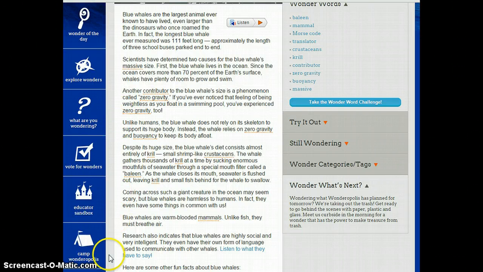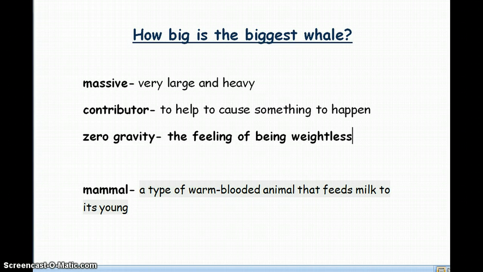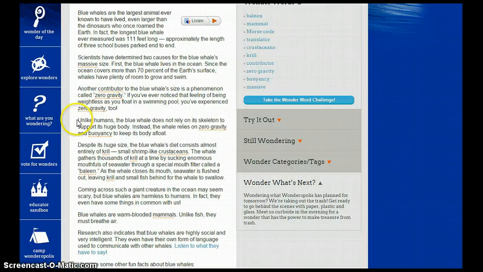Zero gravity. By rereading the text, I'm going to have to say that the definition of zero gravity might be the feeling of being weightless. Unlike humans, the blue whale does not rely on its skeleton to support its huge body.